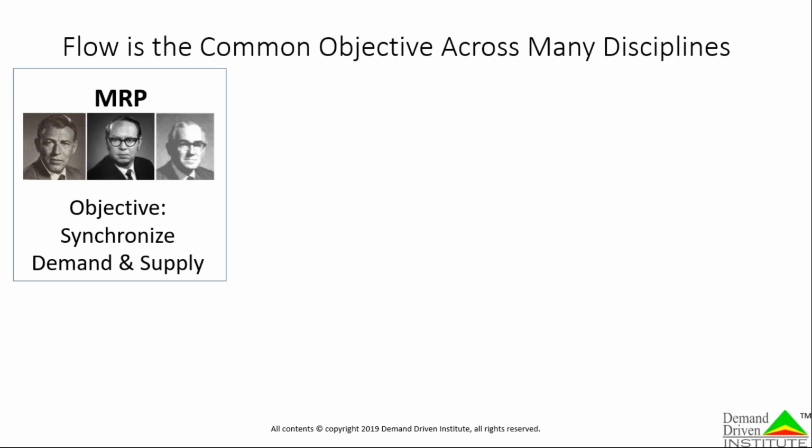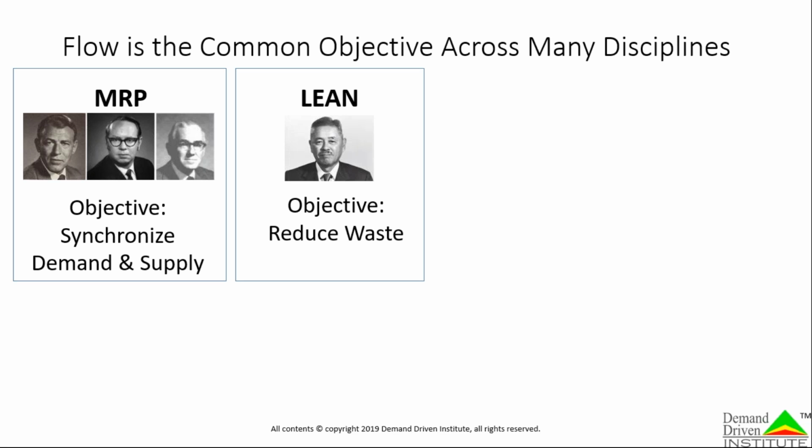Another thing about flow is that it is a common objective across many known and accepted disciplines. If we look at MRP, the objective of MRP was to synchronize demand and supply, okay? Flow is absolutely vital for the synchronization of demand and supply. By the way, over on the left-hand side, that is Joe Orlicky, George Plossl, and Ollie Wight, all in a row.